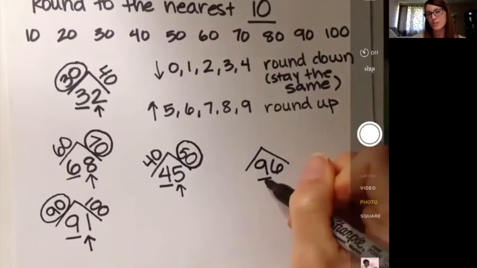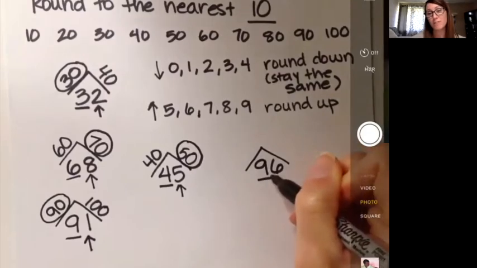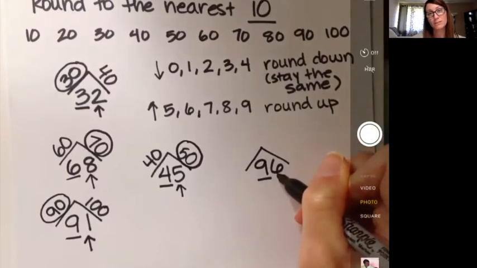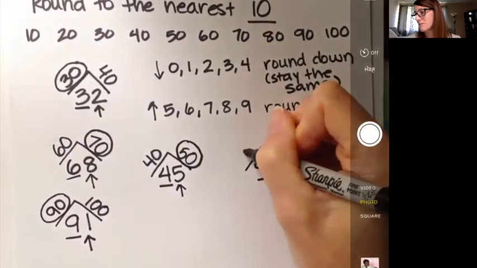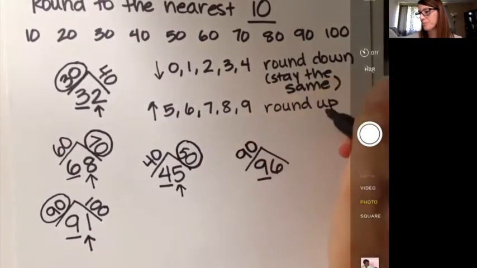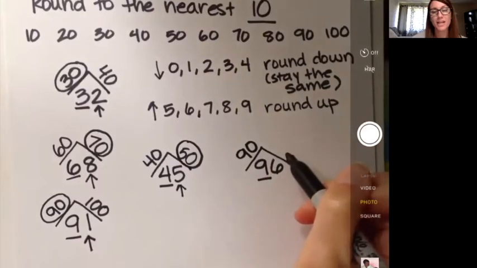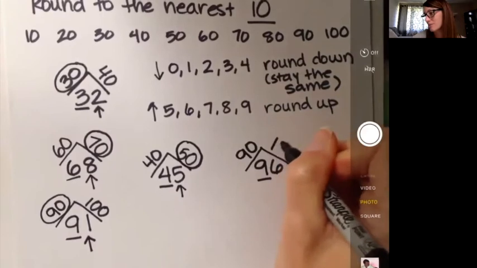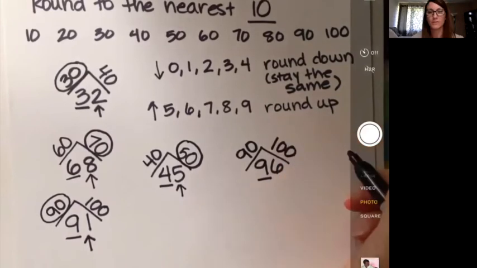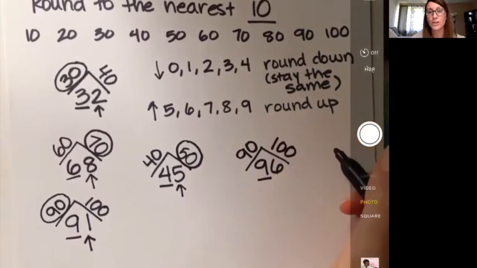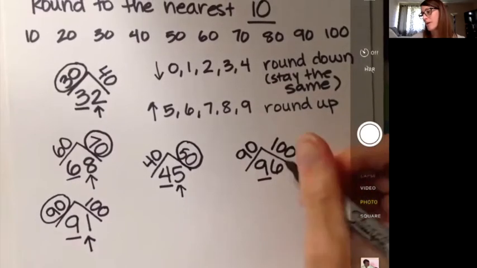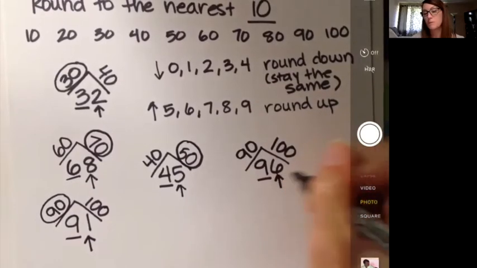Did you take a look at this 9 and realize, oh, I need to turn that into a 0? So that gives me 90. And what's the 10 that's after 90? That's right, it's 100. Good. Then I'm going to draw my arrow pointing at my ones place.